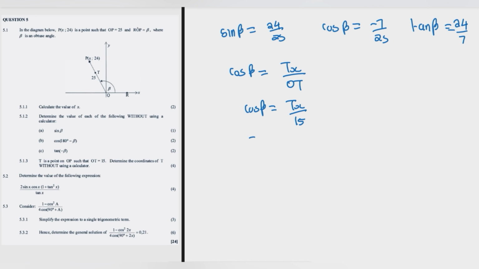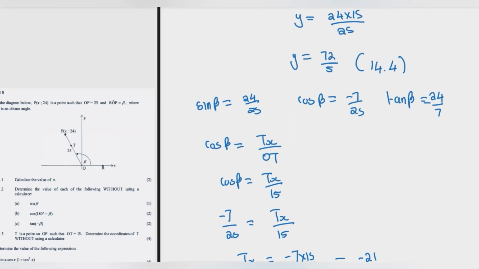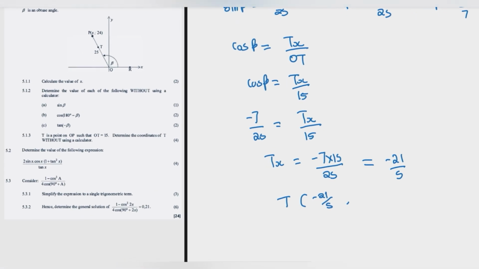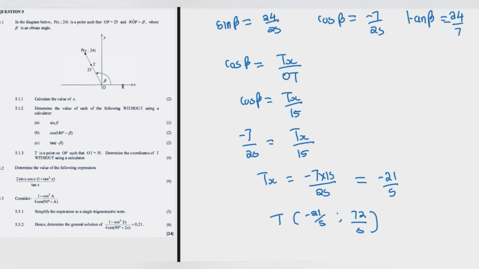We defined it as negative 7 over 25, which will be equal to Tx over 15. When you multiply both sides, it's going to be negative 7 times 15 over 25. Working this out, you'll get negative 21 over 5. That means that your T is negative 21 over 5 and 72 over 5. These are your coordinates of T.